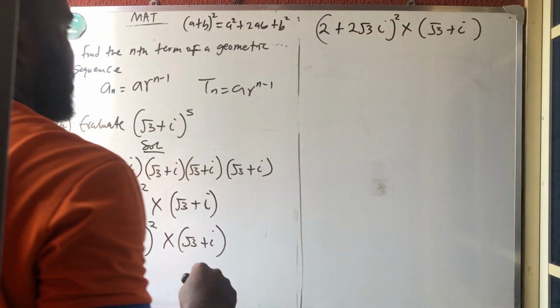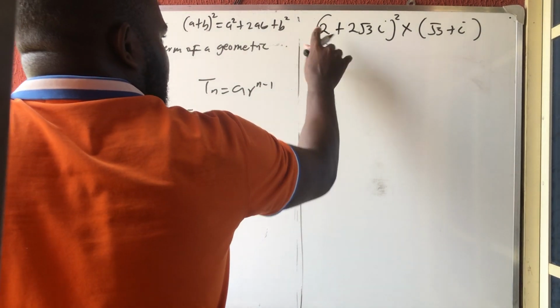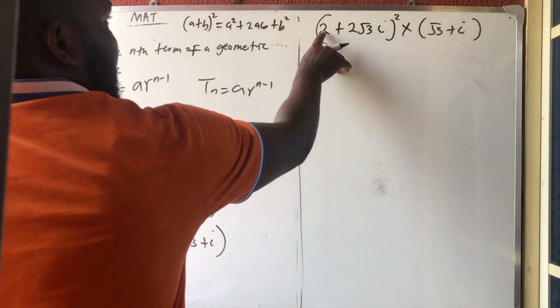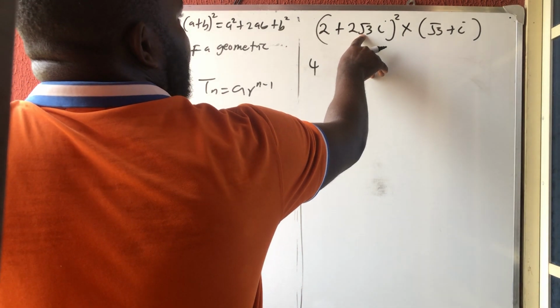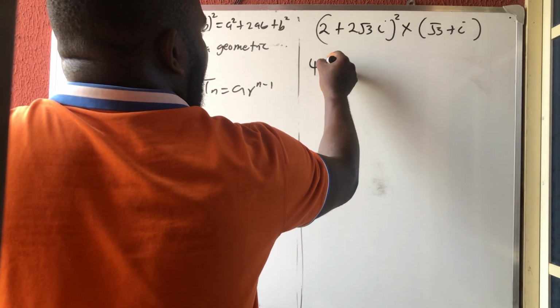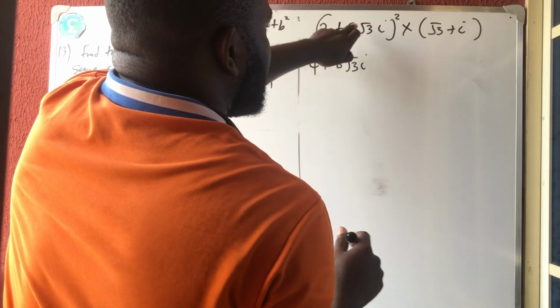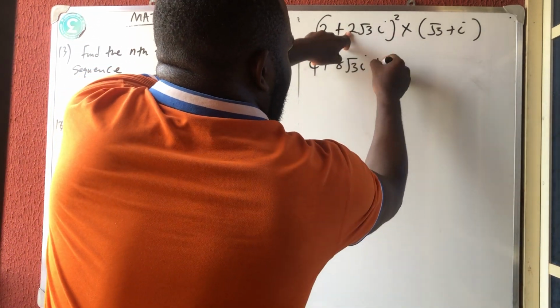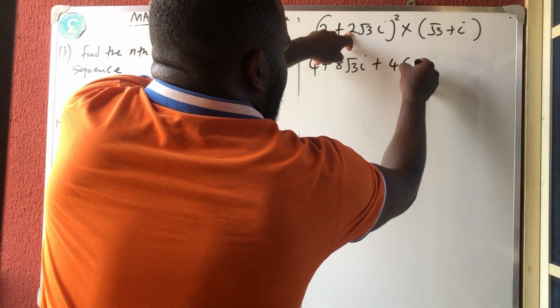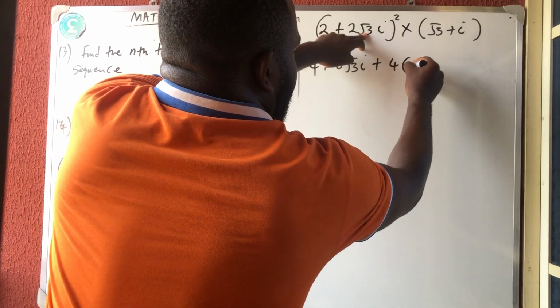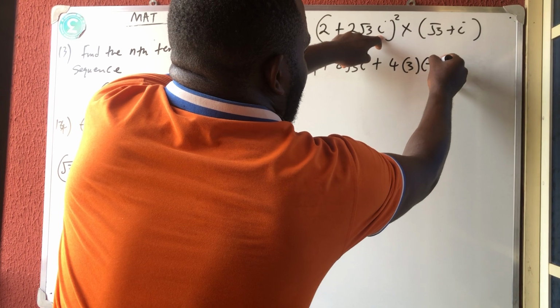Okay, let us do it again. Square the first one, 4. Multiply the first one and the second one, you have 4 root 3i, double it, you have 8 root 3i. Then square the last one: square of 2 is 4, square of root 3 is 3, square of i is minus 1.